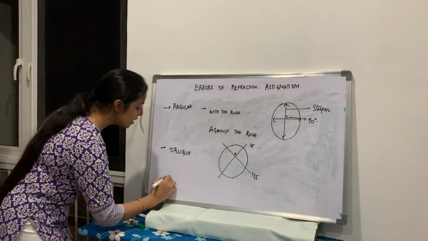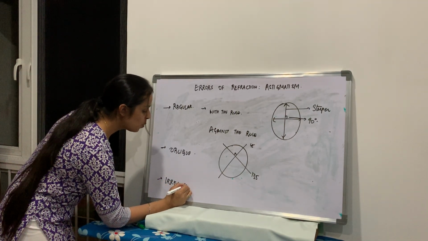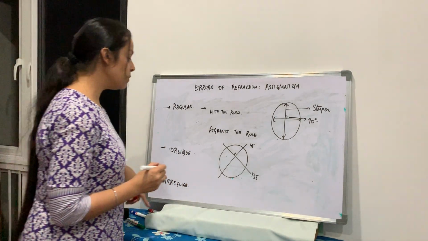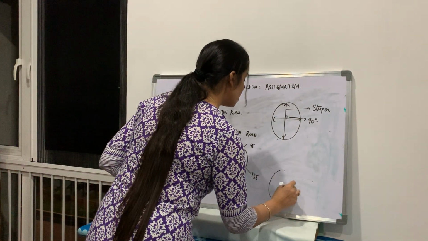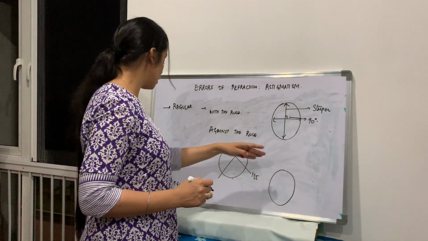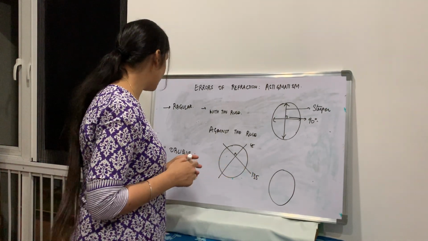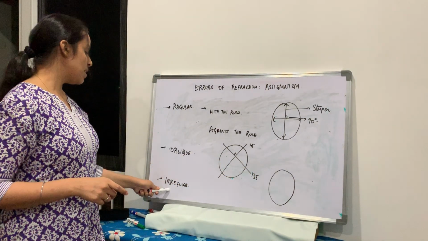The last one is irregular astigmatism. Okay, so what happens in irregular astigmatism? The meridia are not perpendicular to each other, and there is a different curvature in each meridian. So the curvature will keep changing in different meridia. So that is irregular astigmatism.